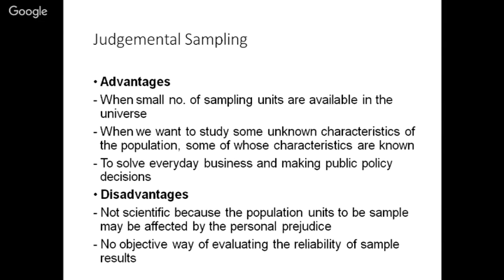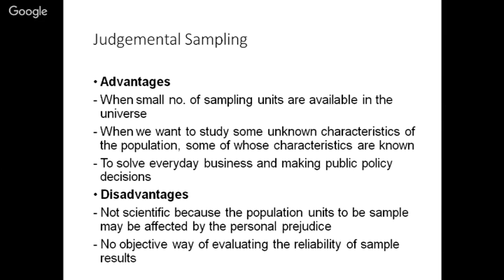The advantages of judgmental sampling are: when a small number of sampling units are available in the universe, depending upon the experience and the opinion of the researcher, he will select a representative sample of the population. Also, when we want to study some unknown characteristics of a population, some of whose characteristics are known. For the class in which I am going to analyze the spending habits of students, I know the economic status of my class students.